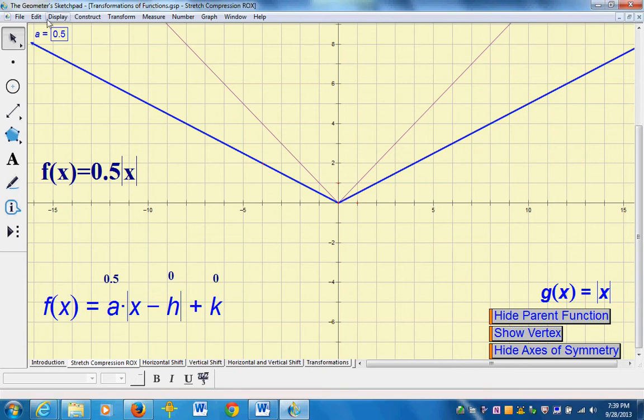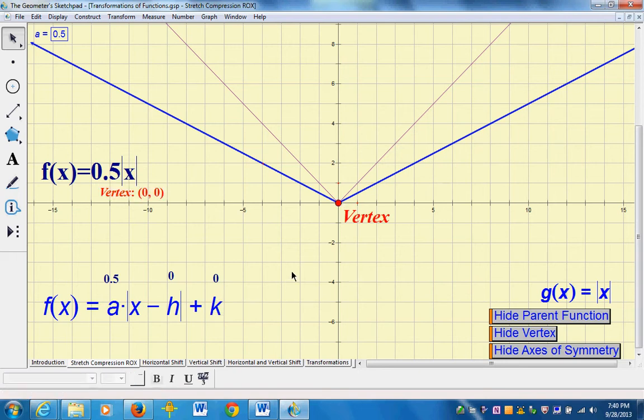Right now, my A is 0.5. So that's making my new transformed function compressed. It's wider. My vertex is right here, the same as my parent, at 0, 0. So notice my H is 0 and my K is 0.